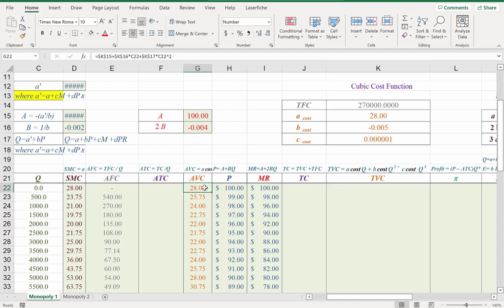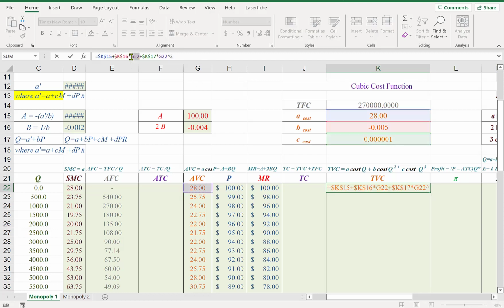This looks like average variable cost. I'm going to copy this, paste here, but I need to adjust a couple of things. Instead of G22, I need to grab this quantity here, so make sure you grab the right column. After that, there's supposed to be Q here.